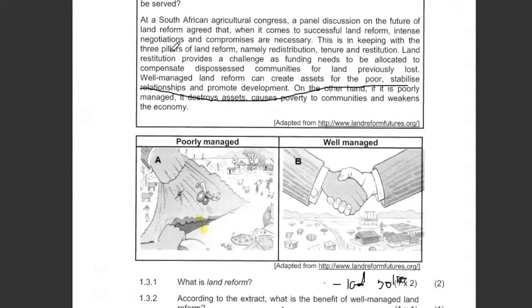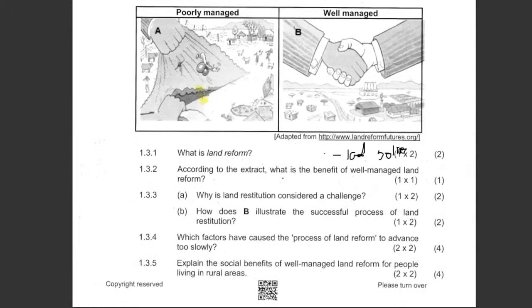Land restitution, it is indicated somewhere here that this is keeping with the pillars of the reforms, namely these three pillars, and then they said land restitution provides a challenge as funding needs to be allocated to compensate. It's a challenge because funds are not readily available to compensate, but in most cases they need to be available. Okay, we go to the next one.